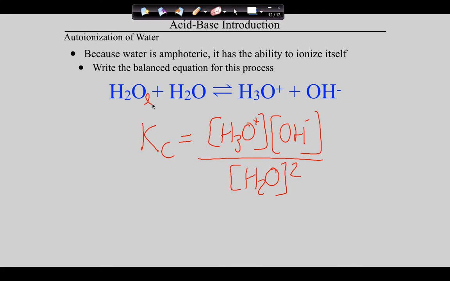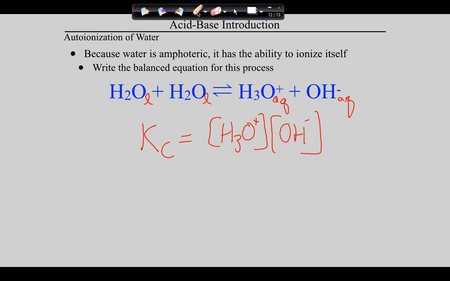This is a liquid, this is a liquid, this is aqueous, this is aqueous. And guys, liquids and solids do not go in Kc expressions. So what that means is that this denominator does not belong there, and this is what the Kc expression actually looks like. You okay?